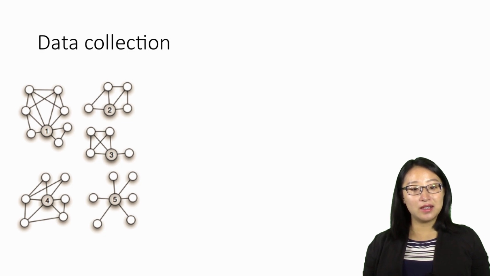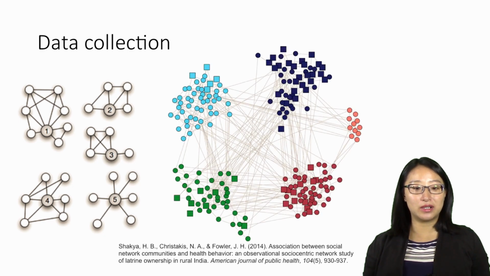For instance, suppose there are 5 people in a village. The egocentric networks will be 5 networks with each individual presented at the center, whereas the global network will be one giant network showing all 5 individuals and their connections.